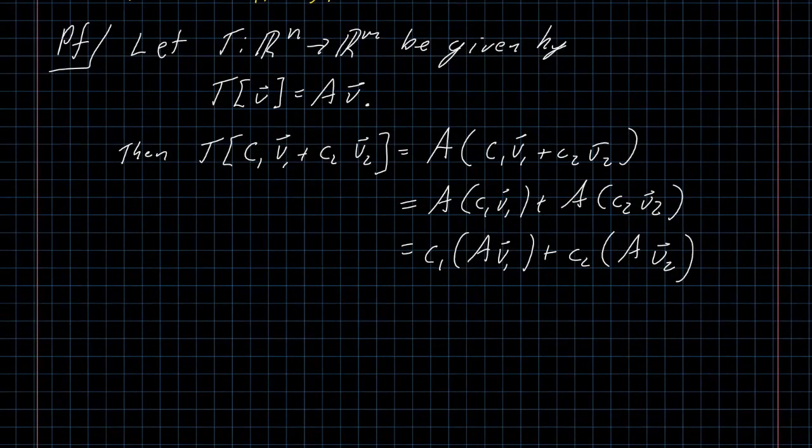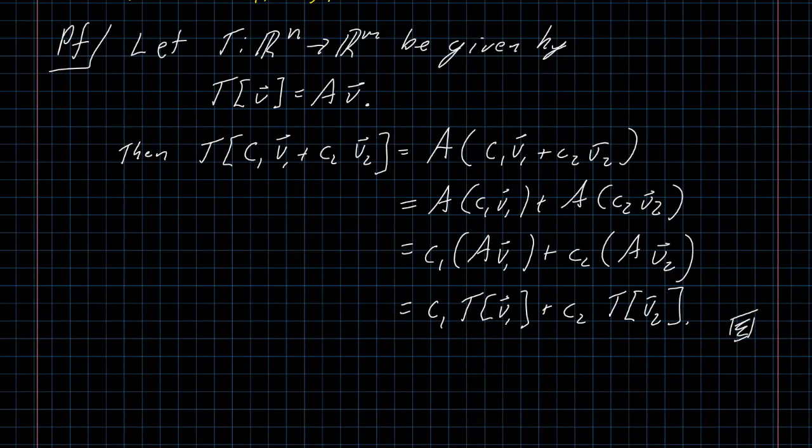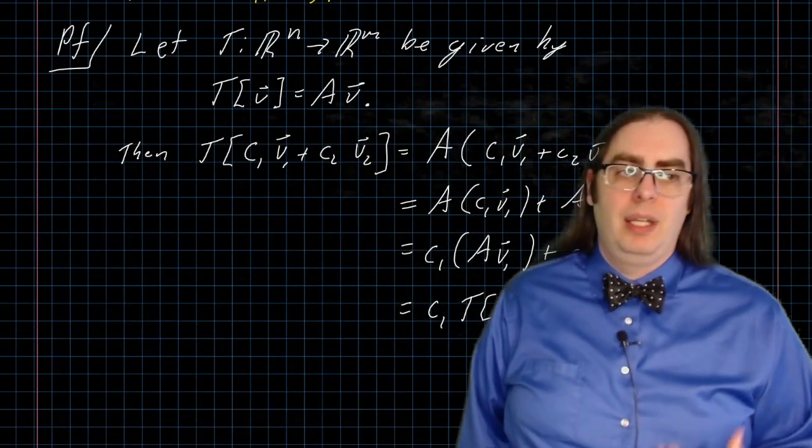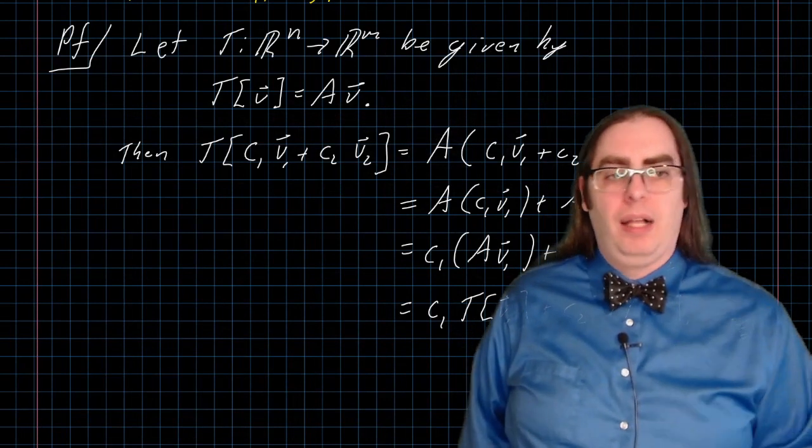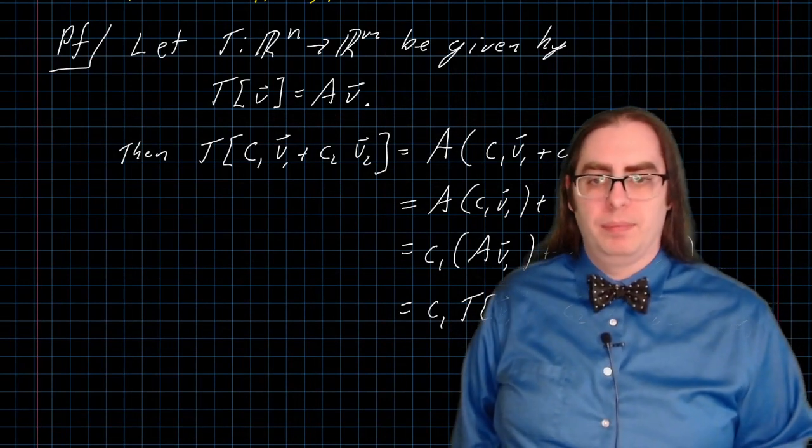One last step, A times v1 is exactly the definition of my transformation acting on v1. And A times v2 is exactly the definition of my transformation acting on v2. And so we have exactly what we needed, right? That is exactly the condition of this transformation being linear.